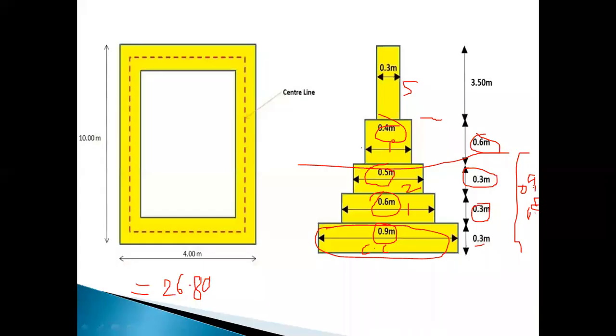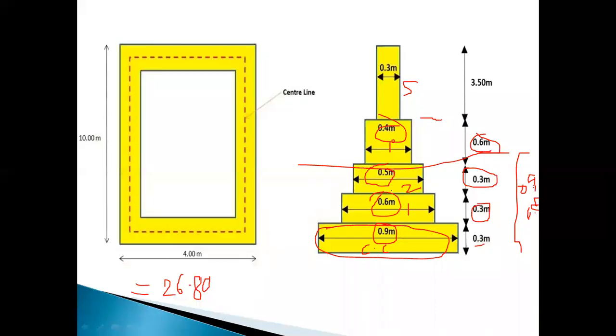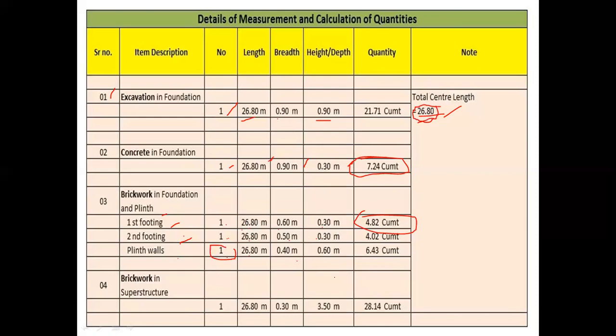So plinth wall breadth is 0.4 and height is 0.6. Multiply length, breadth and depth, 26.80 into 0.40 into 0.60, that equals 6.43 cubic meters. It is the plinth walls quantity.